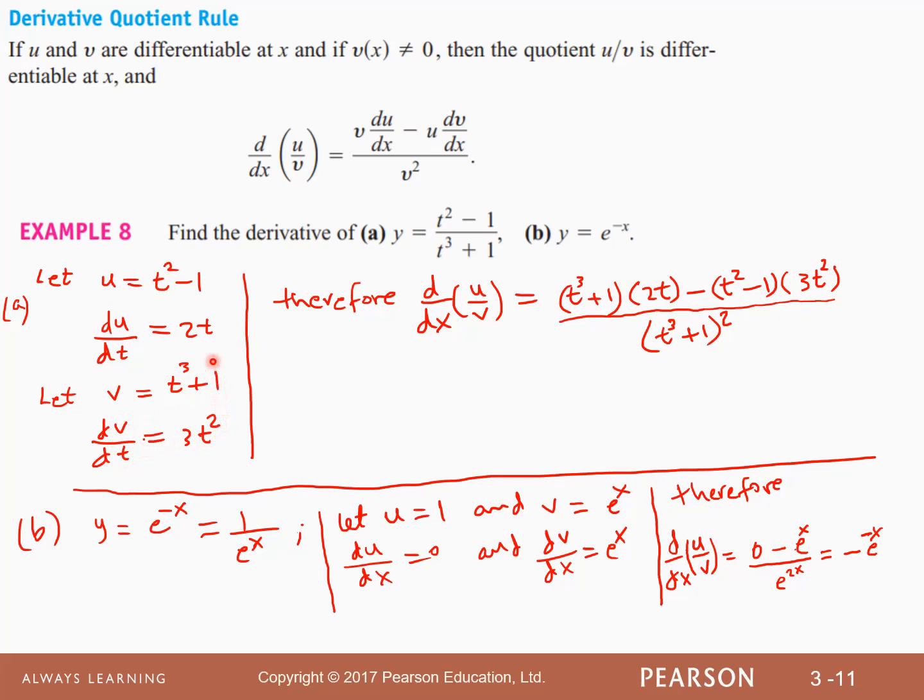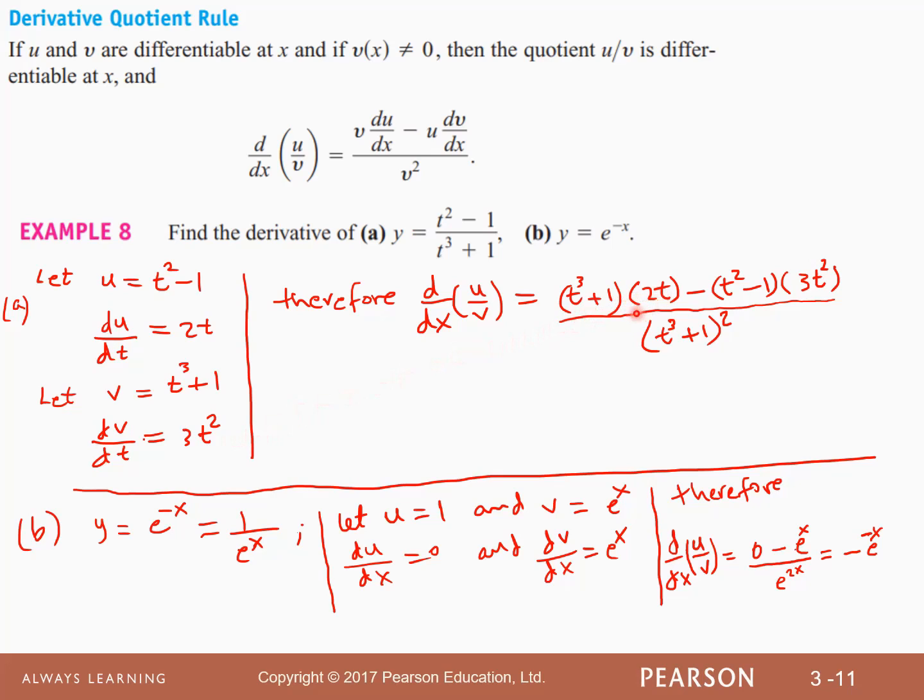Now that we have the formula, and these are all the variables, and these are the values of the variables, all we have to do is plug in the values of the variables where they're supposed to go. So d by dx of u over v equals, this is v, and you can check it on the left, v is right here, and this is the derivative of u.